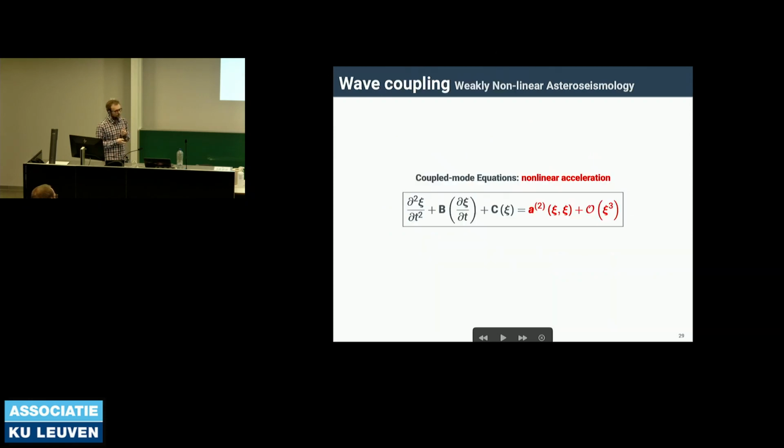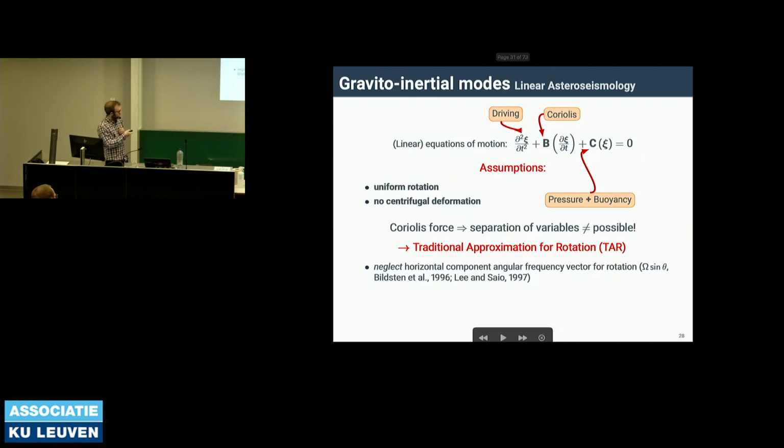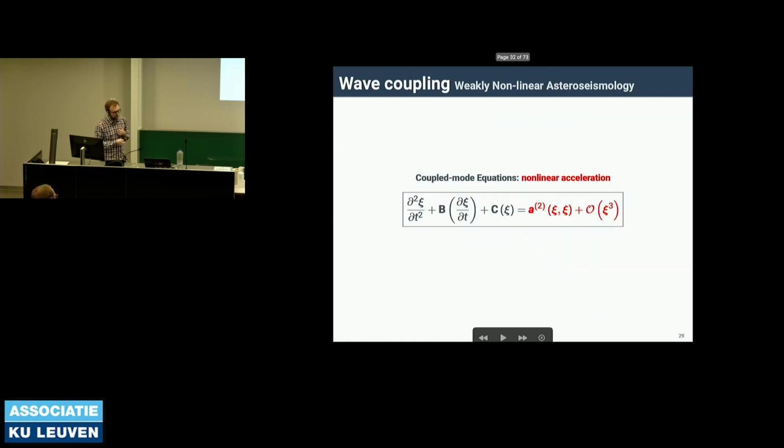Now, when we move from the linear equations of motion to the nonlinear equations of motion, we call them coupled mode equations. And we have these interactions between these terms that can be modeled as some sort of nonlinear acceleration term in your equation of motion, which is here at the quadratic level shown as this term.